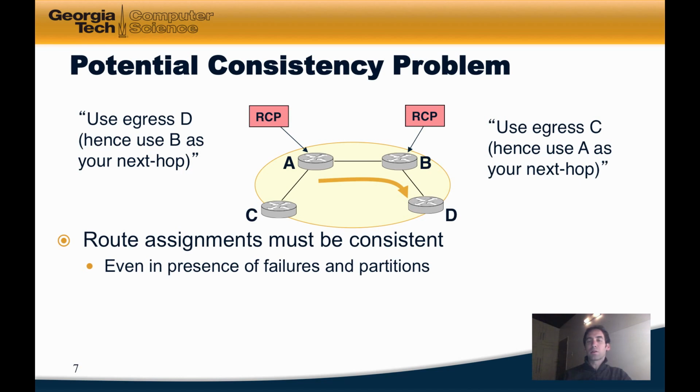Now similarly, the second RCP, the RCP on the right, might install conflicting state into router B that says use egress router C to reach that destination and use A as the next hop to reach the egress router C. Now you can see that if these two replicas install this respective state into routers A and B, then we have a forwarding loop between router A and router B, because in trying to reach that destination, router A is going to use the gold route to try to egress via router D, and router B is going to use the gray route to try to egress via router C. And when each of these routers receives the packets for that destination from its respective neighbor, it's just going to bounce the packets back and forth.